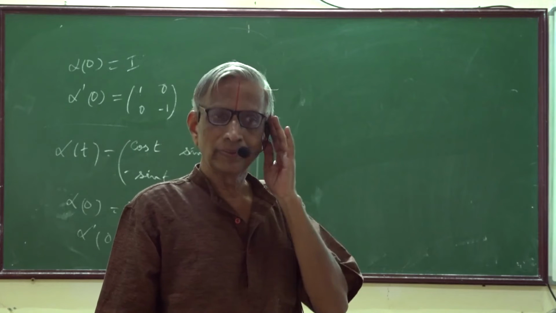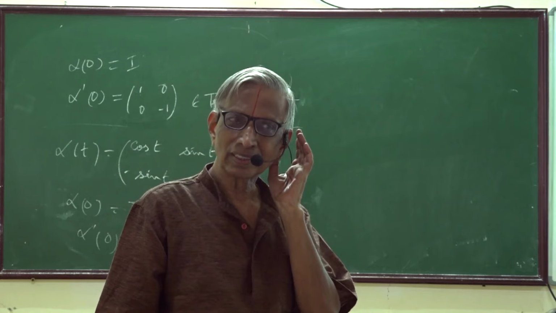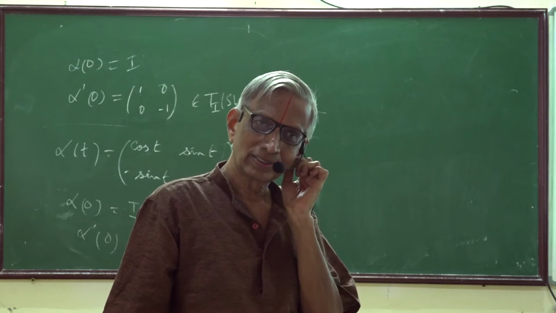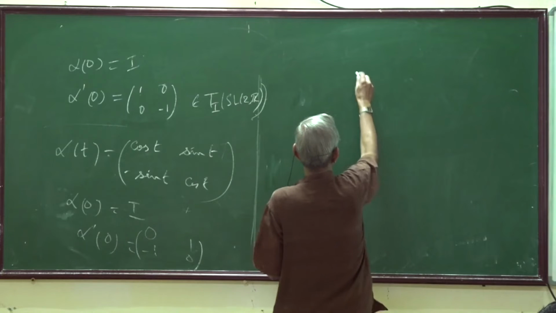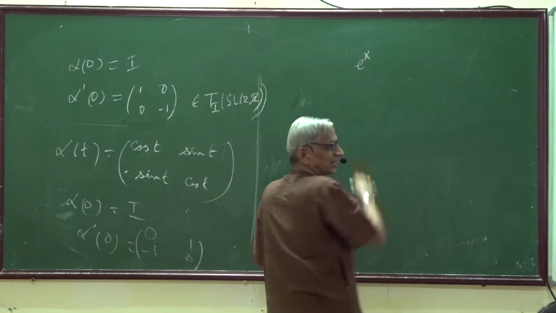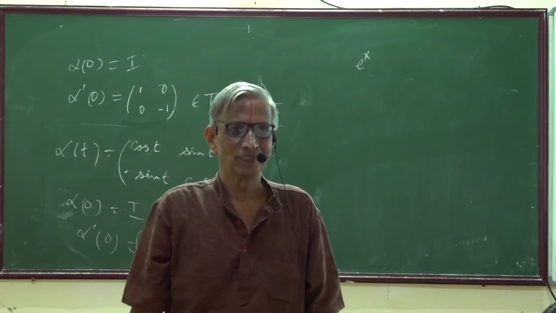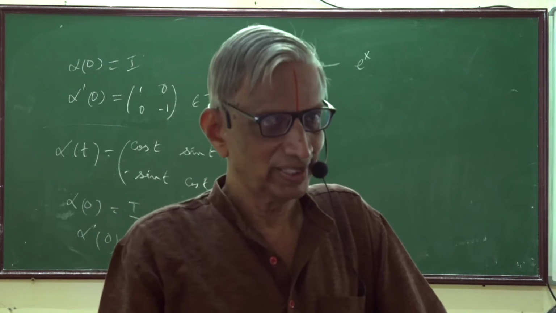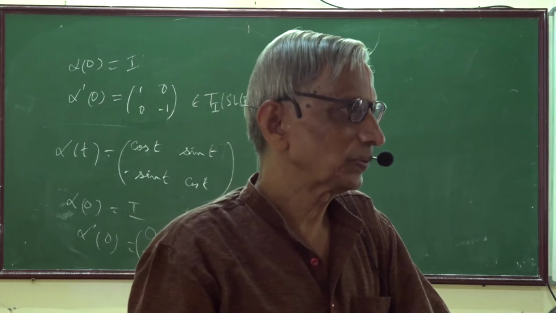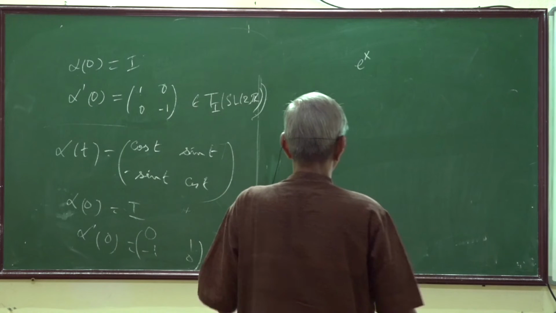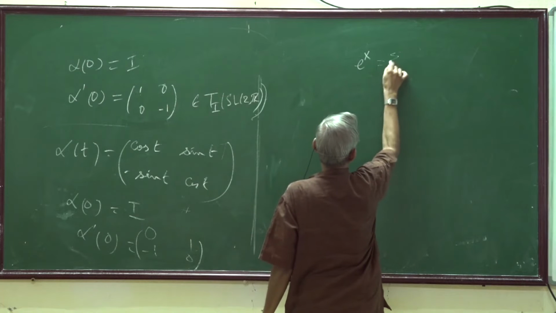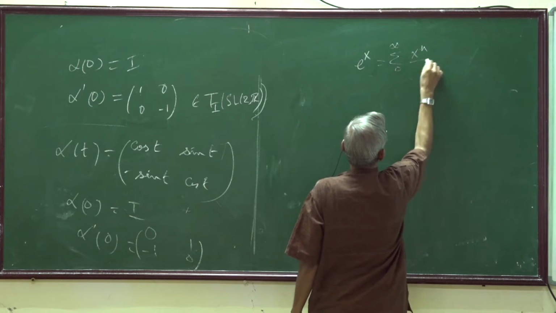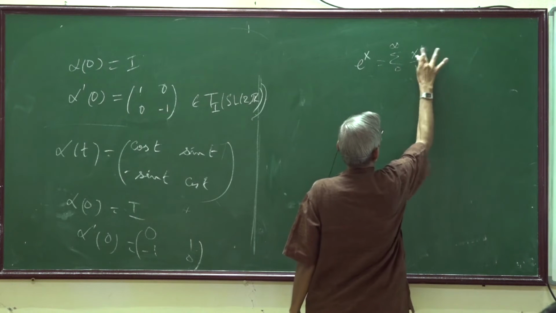See, starting with any matrix, how do you get an invertible matrix, for example? Look at the exponential. Remember the exponential that we discussed as an application of the inverse function theorem. So e power x is given by the usual series for any n by n matrix.